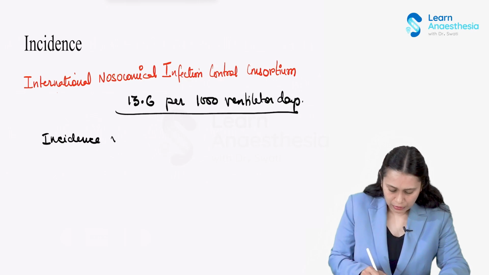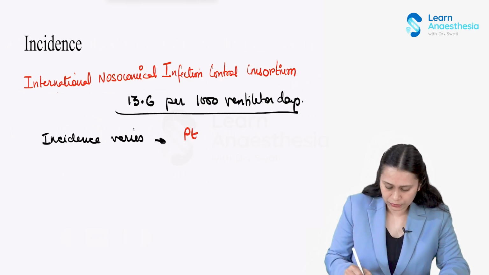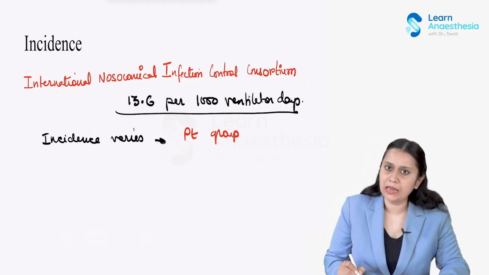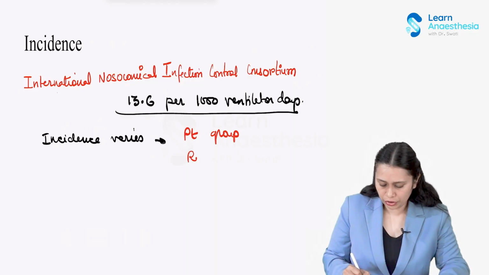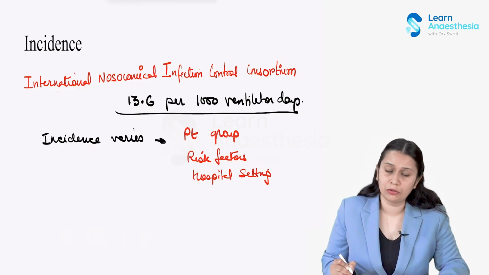So incidence varies according to, number one, the patient group. It would be more seen in higher age group of patients, according to the risk factors, and definitely according to the hospital setting. So it also depends a lot on the hospital setting and what the practices are overall there.